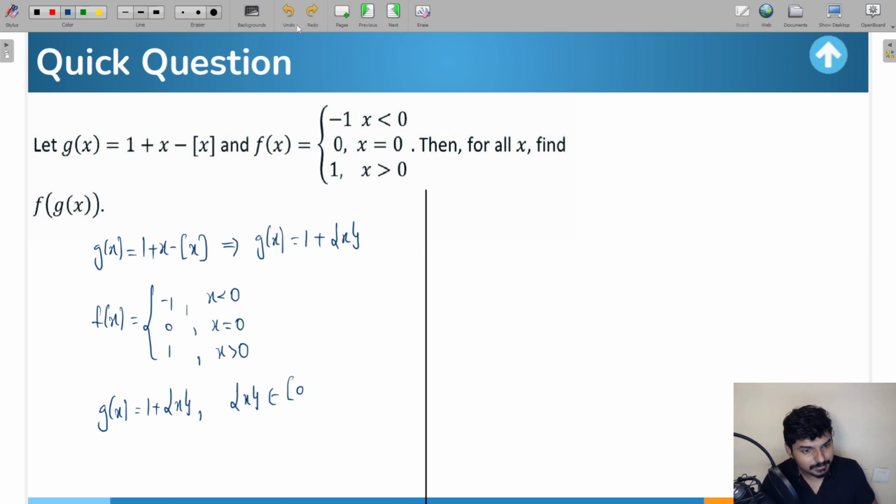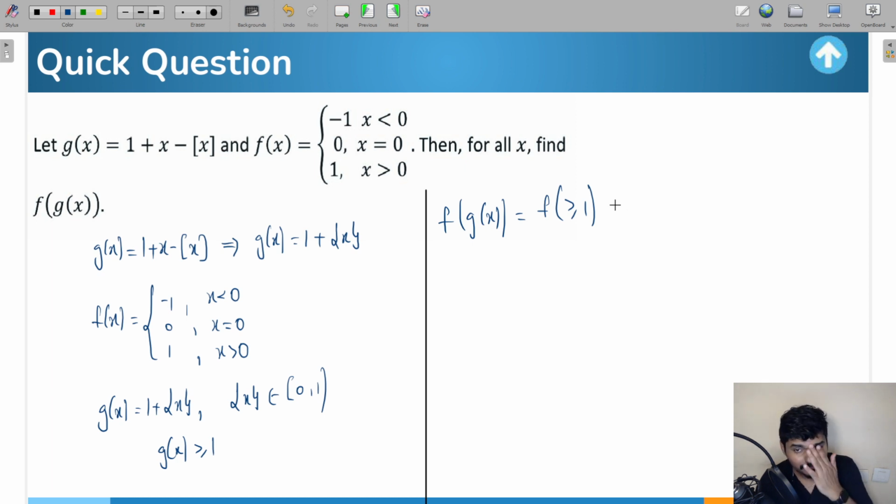So what does that simply mean is g of x का जो भी value होगा, it is always going to be greater than or equal to 1. Can we say that? Because fractional part cannot be negative, it's going to lie between 0 to 1. g of x का जो भी आपको value निकल के आएगा यहाँ पे, it's always going to be greater than or equal to 1. So what does that simply indicate? When we want to figure out what f of g of x is going to be, we do know that f of g of x, where g of x is always going to be greater than or equal to 1.